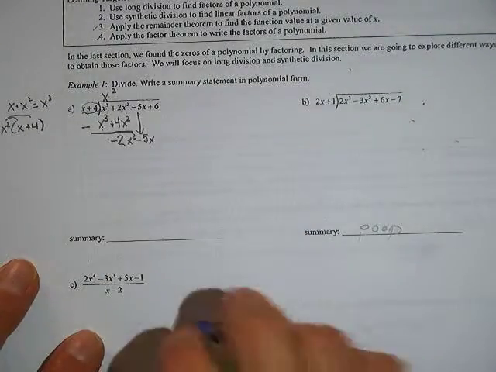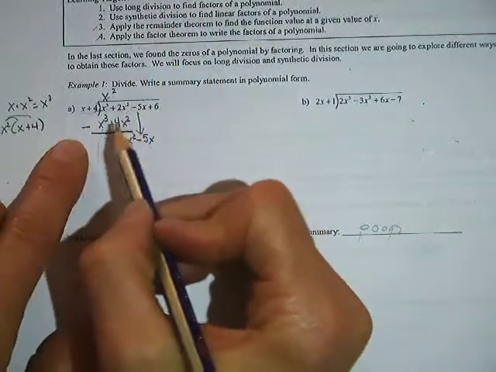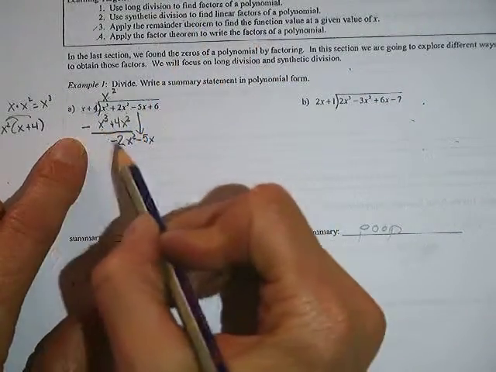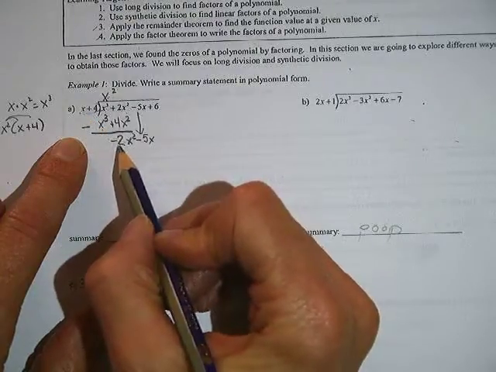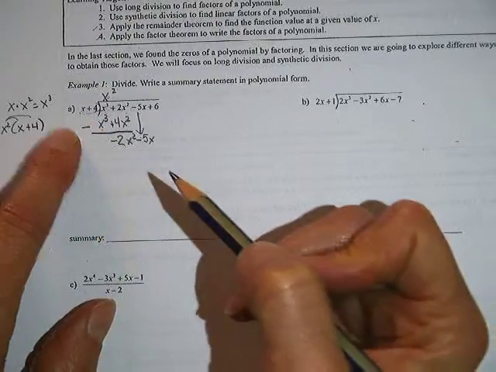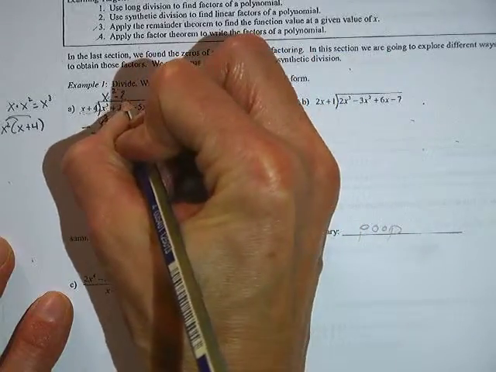Now, you always look at this first part, x, and ask yourself, what do I need to multiply it by to get a negative 2x squared? Negative 2x. Does everybody see that?